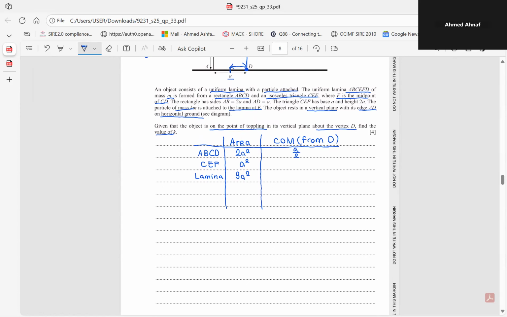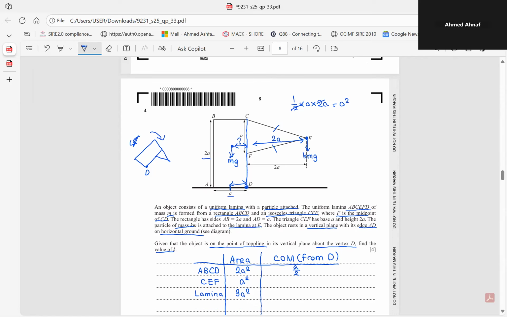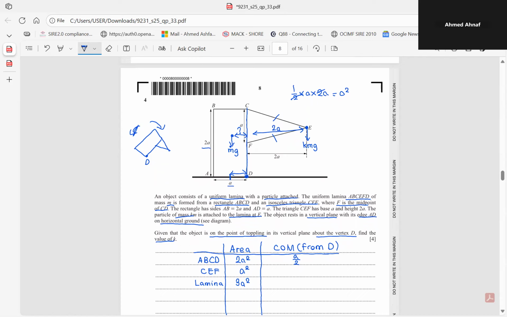As for the triangle, it's a bit more complicated. To find the center of mass of a triangle, we first take the x coordinates of the vertices, the horizontal distances. For C and F, since they lie on the edge, this would just be 0 and 0.